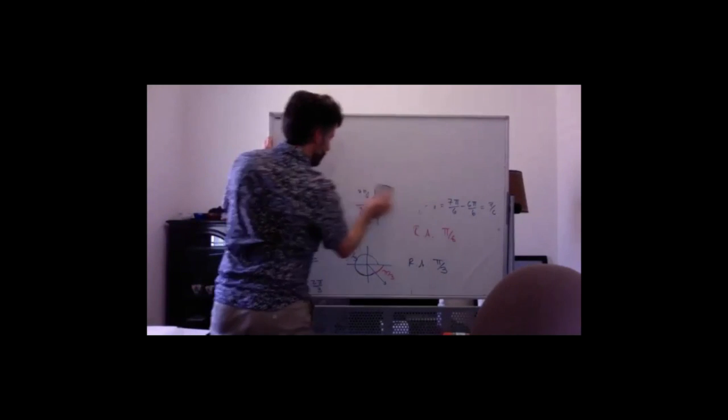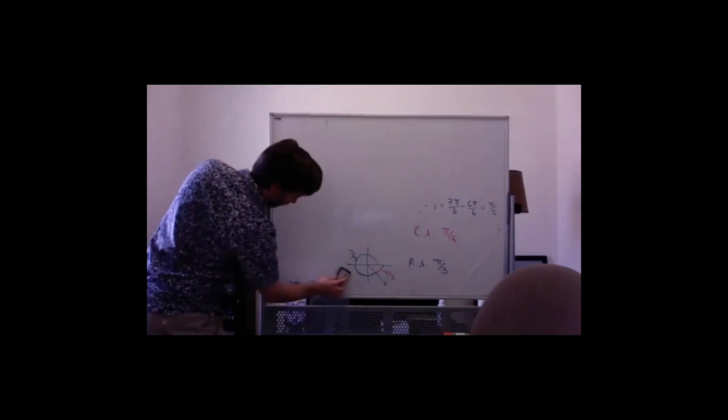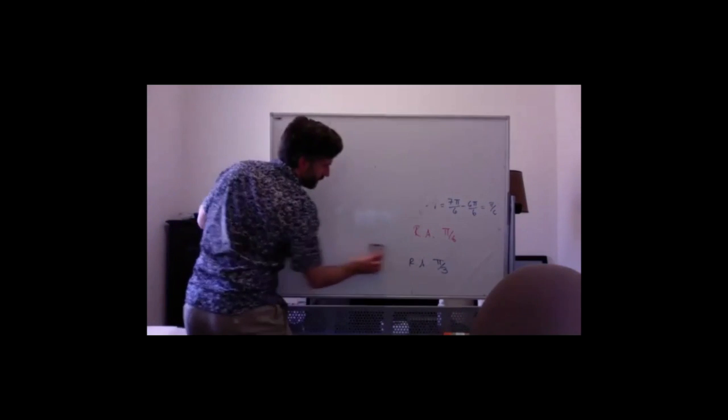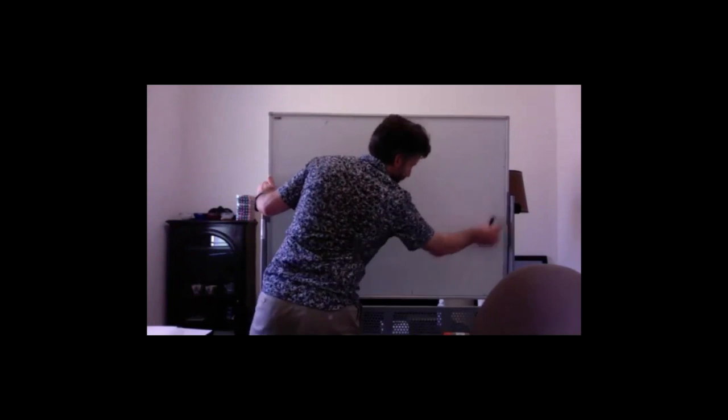So putting this all together, the whole idea is that since we know how to find the trig functions for the special angles, pi over 6, pi over 4, and pi over 3, and we know how to determine the sign based on the quadrant, we can use the reference angles of these other angles to find sine, cosine, tangent, whatever, of angles that have reference angles that are special angles.